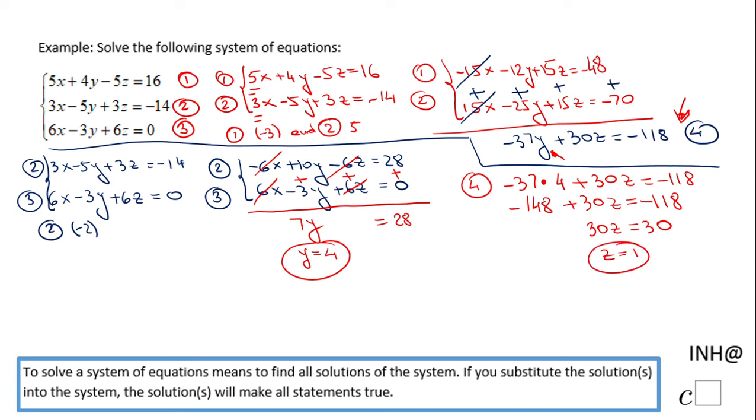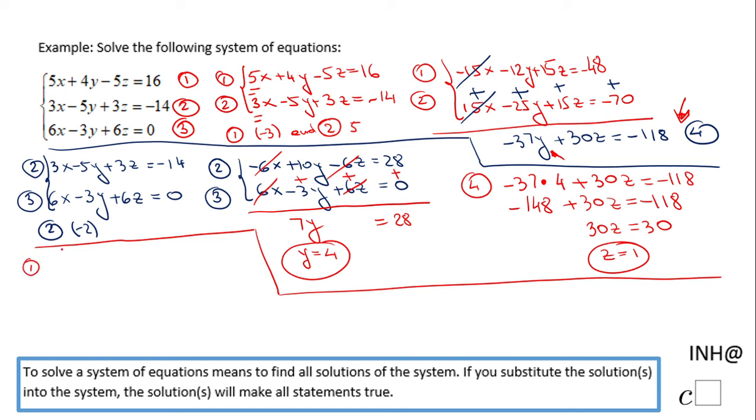And now the only thing we need to find out is x. So we can go into any of these equations we started with, 1, 2, and 3, and replace z and y and get x. So I will take the first one, but you can take the second one, you can take the third one. So we have 5x plus 4y, so 4 times 4, minus 5 times z, 5z, right? 5 times 1 equals 16.